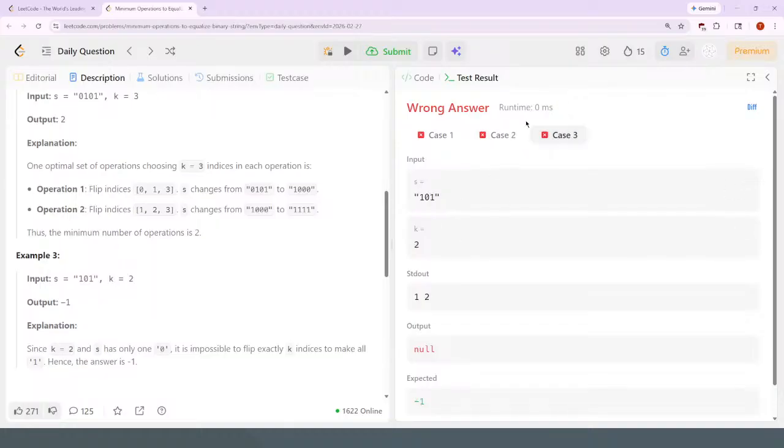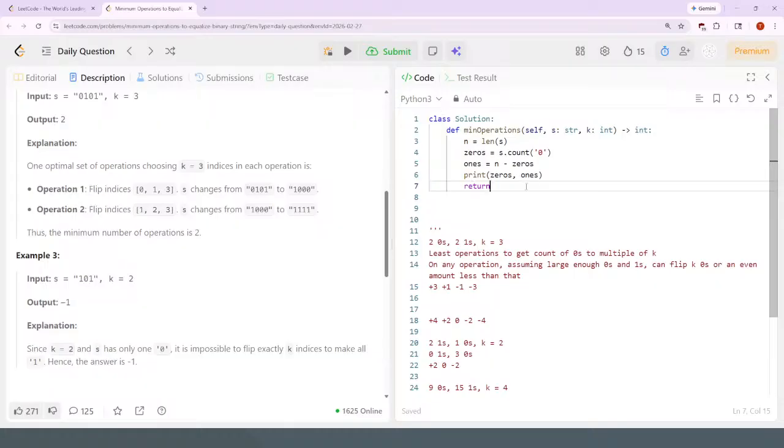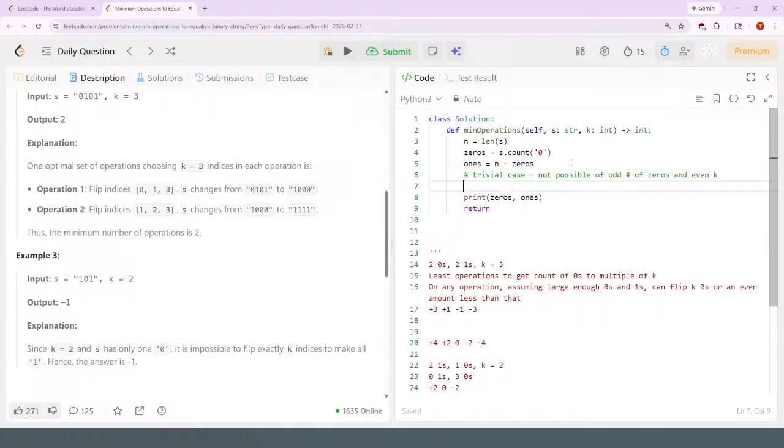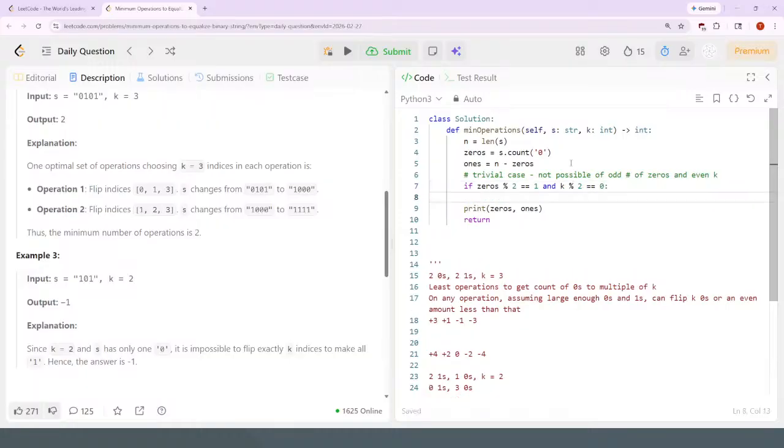Then I think the basic premise would be: trivial case not possible if odd number of zeros and even k. If the number of zeros is odd, so divide by 2 is remainder 1, and k is even, divide by 2 remainder 0, return negative 1.